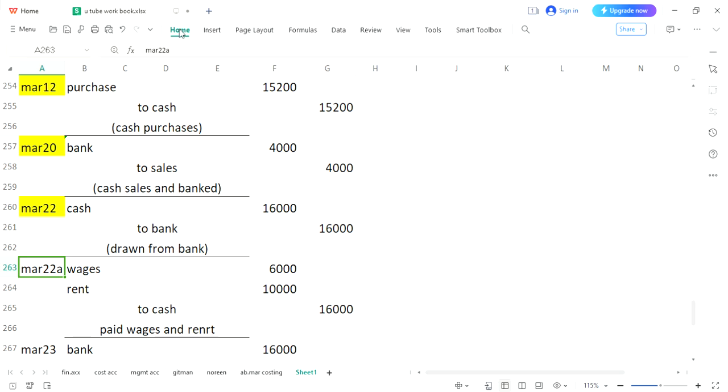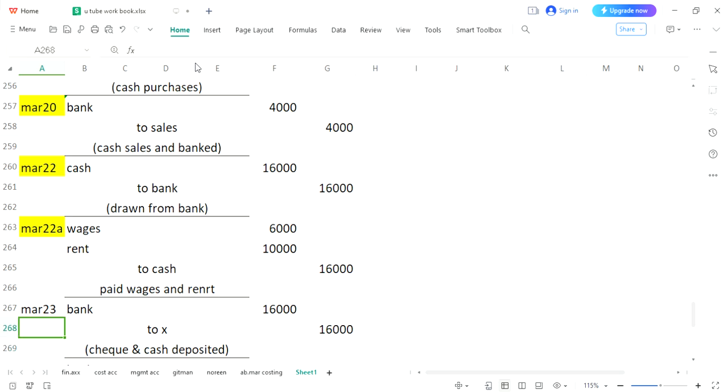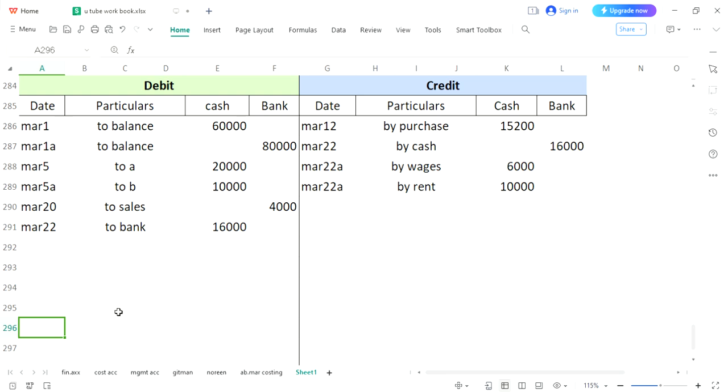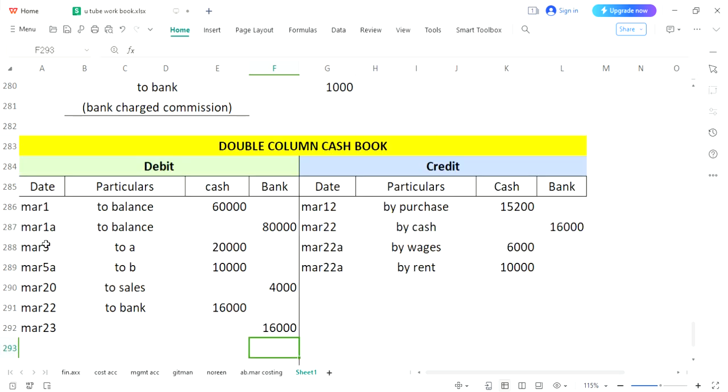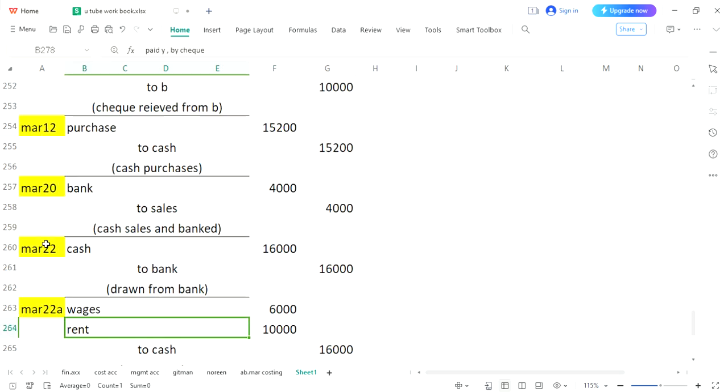We are going to mark it as it has been done, after which March 23rd, where bank is present on debit side. So here March 23rd and bank is present on debit side. How much amount? 16,000 posted. It's time to see the reference.